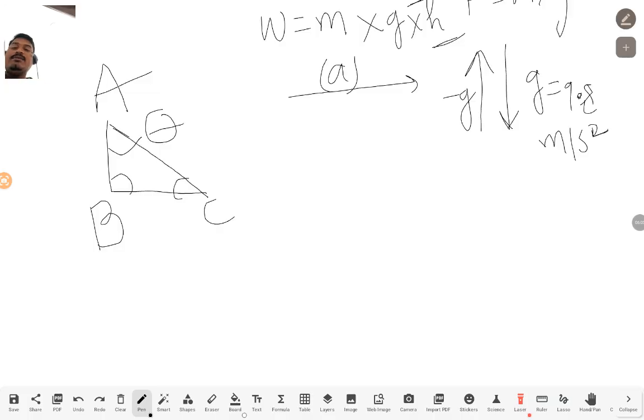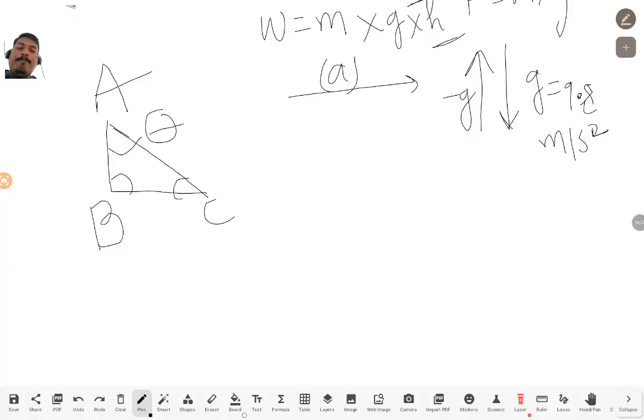Each and every angle has its own ratios. It's sine theta, cos theta, tan theta. How to understand the meaning of sine theta, cos theta and tan theta? We have to use a mnemonic.